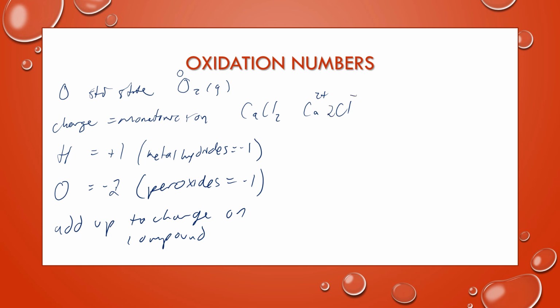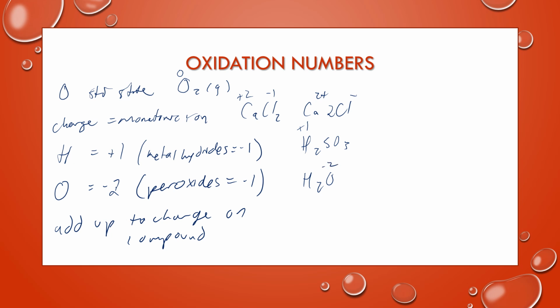So their oxidation states are +2 and -1, respectively. Now, if you have hydrogen in a compound like H2SO3, that hydrogen has an oxidation state of +1. Or if you have oxygen in a compound, the oxygen would have an oxidation state here of -2.